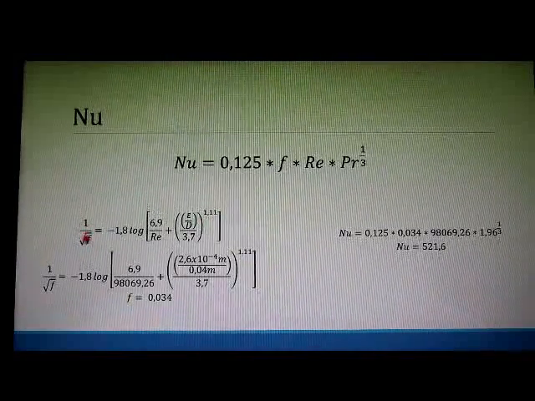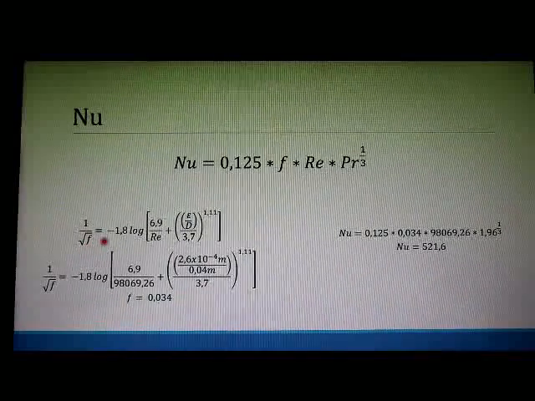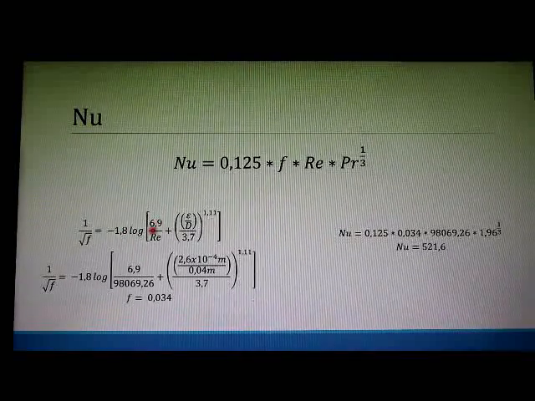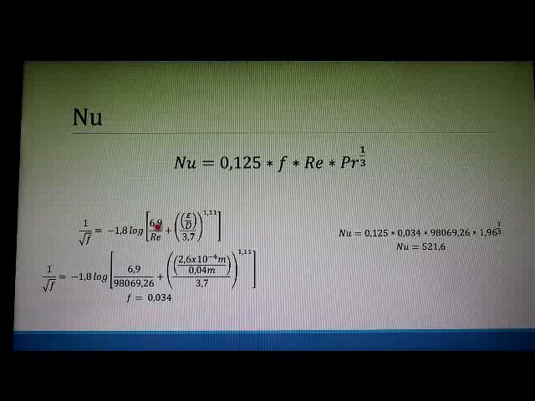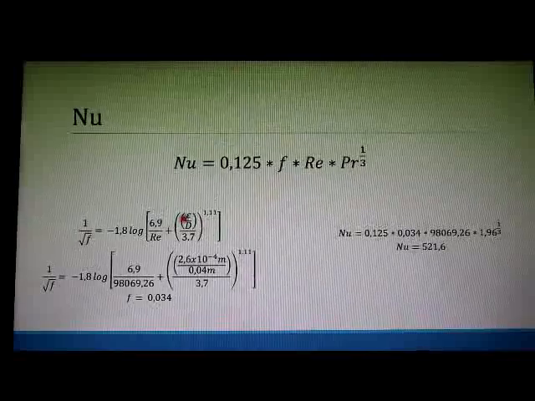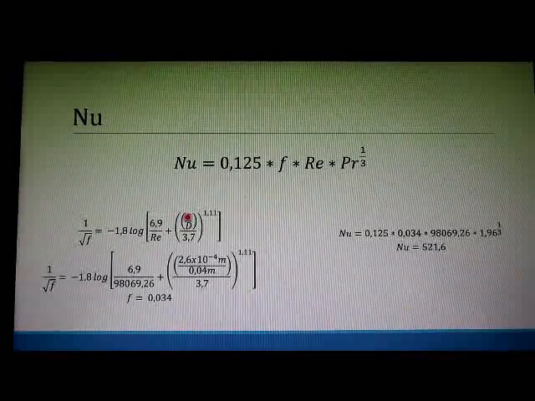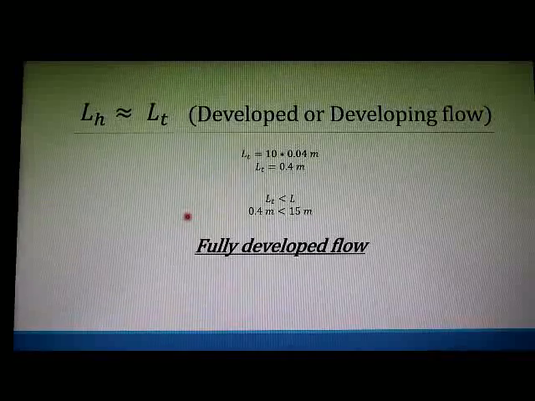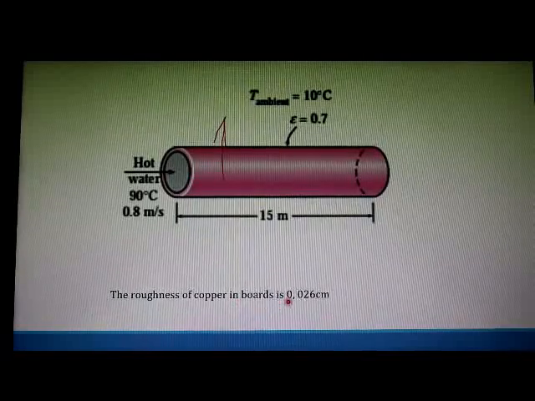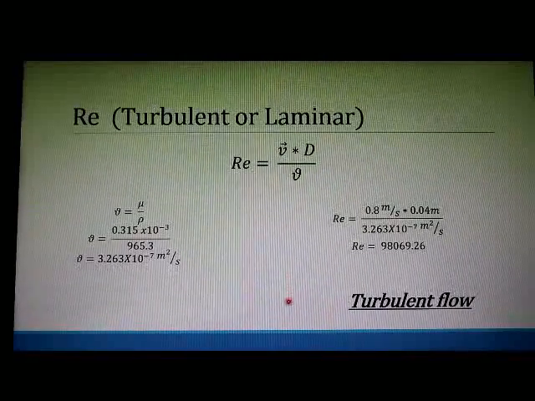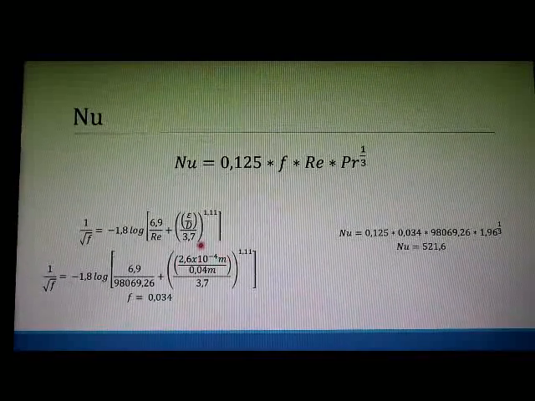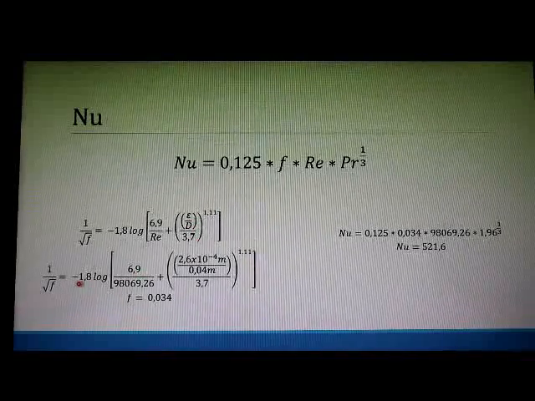We have 1 over the square root of the friction factor is equal to minus 1.8 logarithm of 6.9 divided by Reynolds plus this number here, the coefficient of the roughness that we already have. The roughness of the copper is 0.026 here, and then this is the diameter.